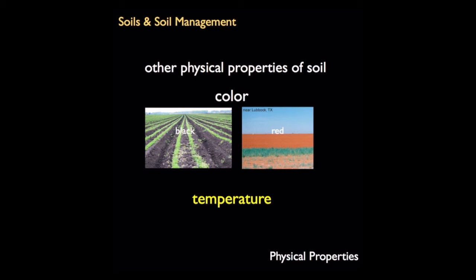The color provides some indication of general soil characteristics, such as the abundance of humus in black soils, or blue-gray as indicative of a reducing condition, or even the presence of possible contaminants. Temperature is important in thermal conductivity of the soil, often associated with the relative abundance of water in the soil.